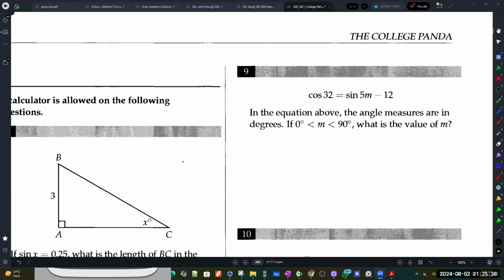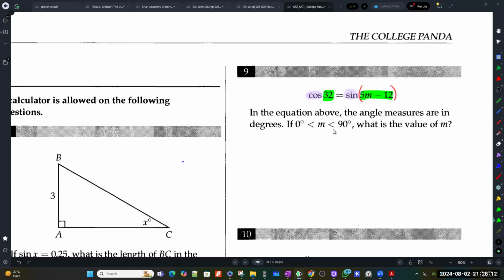Cos 32 equals sine of 5m minus 12. Just for your information, this entire angle is in a bracket. So cos 32 is the same as sine of 5m minus 12. When were cos and sine the same? What did you know about the angles?